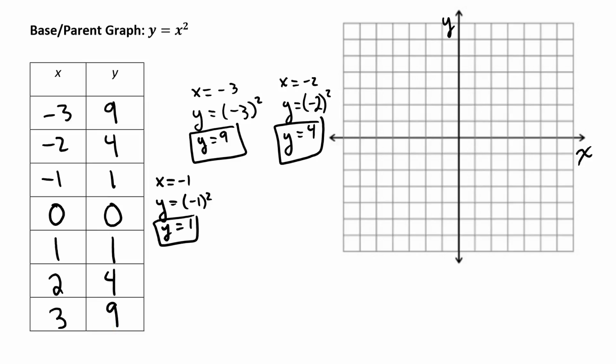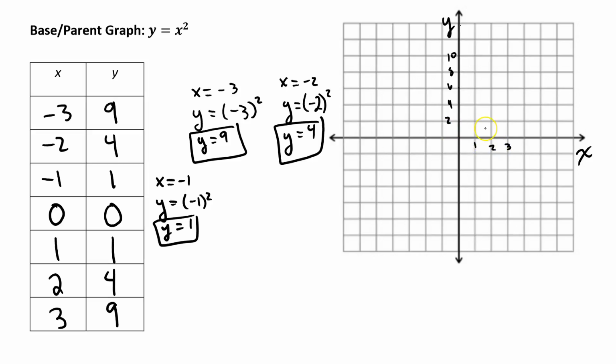So now let's graph this thing. I know that I need to get up to 9, and let me count. 1, 2, 3, 4, 5, 6, 7. I don't have 7 in my y direction, so what I'm going to do is go up by 2. 2, 4, 6, 8, 10. And in my x direction, I'm just going to go 1, 2, 3.